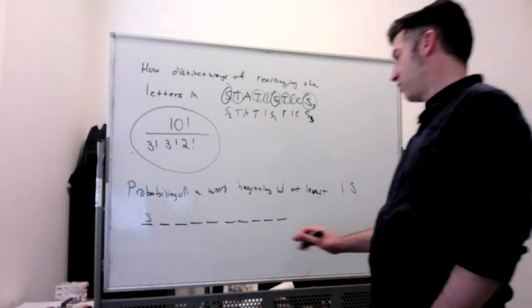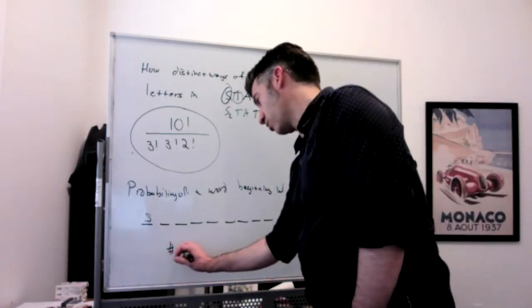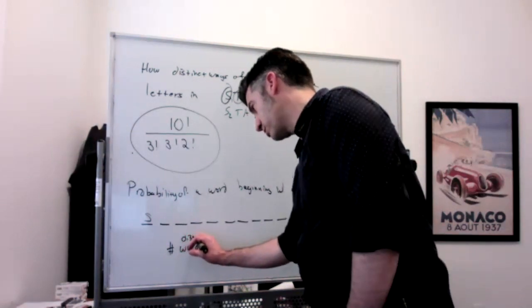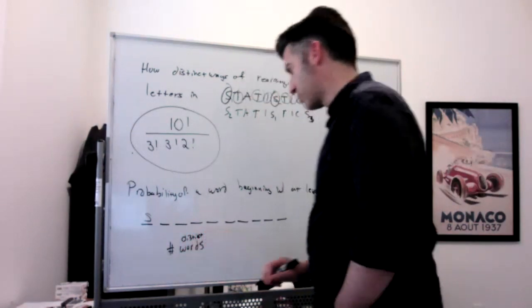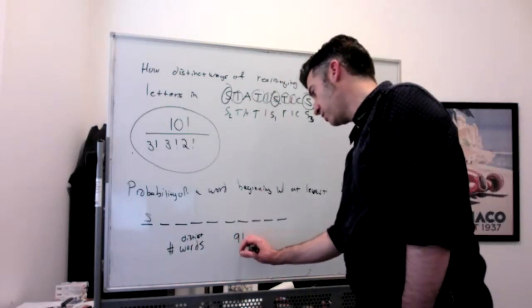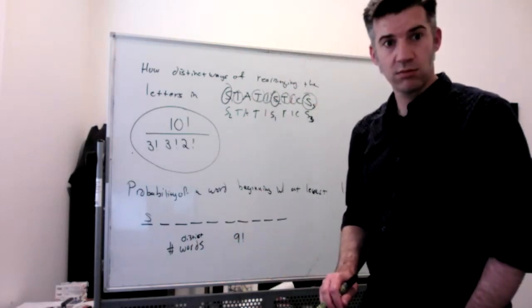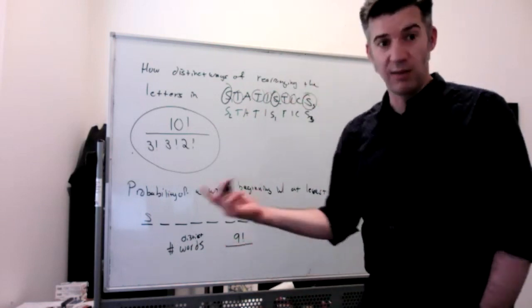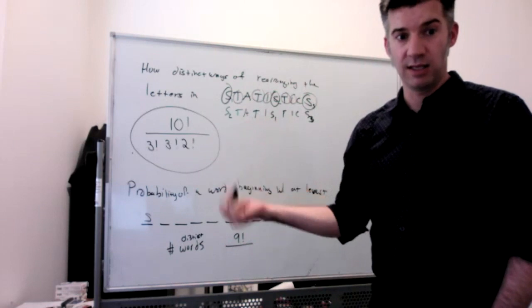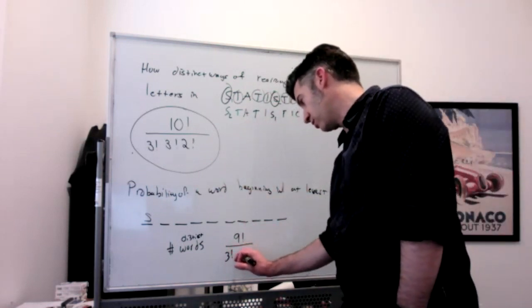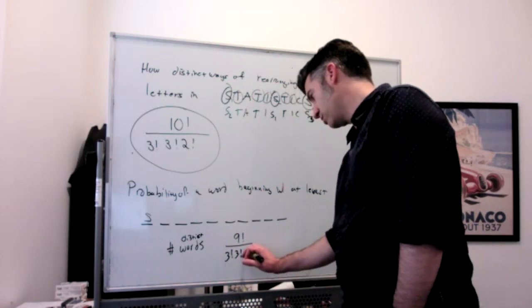So the number of these distinct words is going to be 9 factorial divided by, again, the number of ways you can rearrange the S's and the T's and the I's. So still a 3 factorial times a 3 factorial times a 2 factorial.